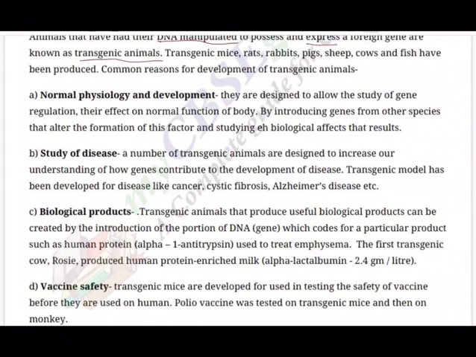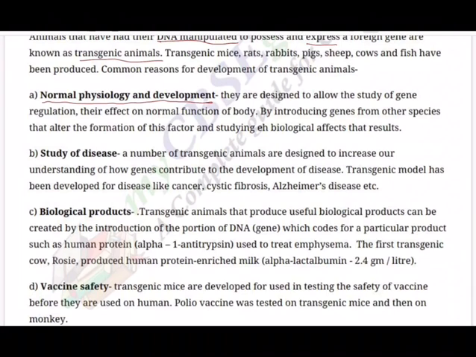So transgenic animals are produced because of the following reasons, and one of the reasons we talked about is normal physiology and development. Transgenic animals can be specifically designed to allow the study of how genes are regulated and how they affect the normal functioning of the body and its development. Example, study of complex factors involved in growth such as insulin-like growth factor.